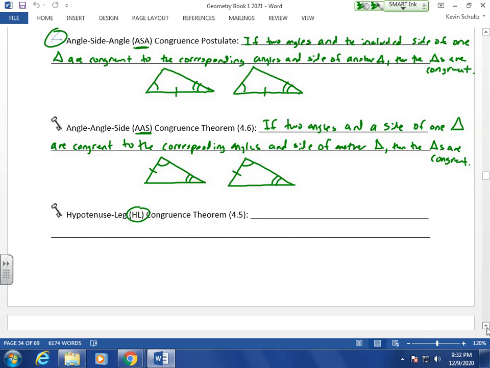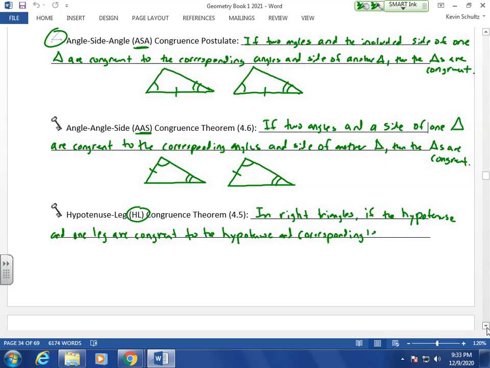So what the HL Congruence Theorem says is that in right triangles, if the hypotenuse and one leg are congruent to the hypotenuse and corresponding leg, then the triangles are congruent, okay?